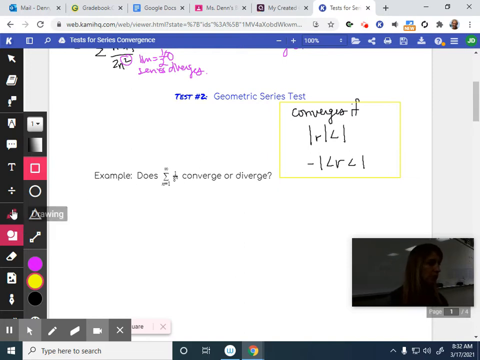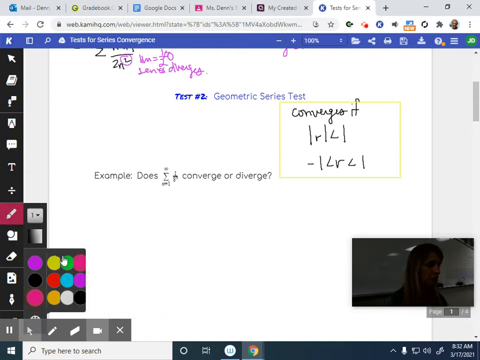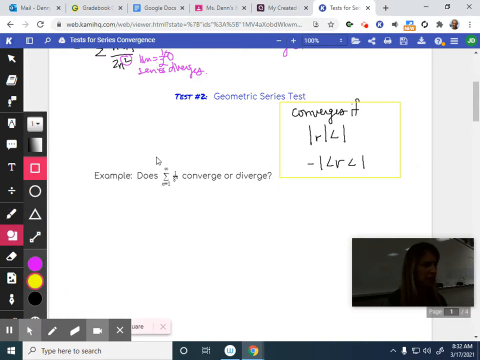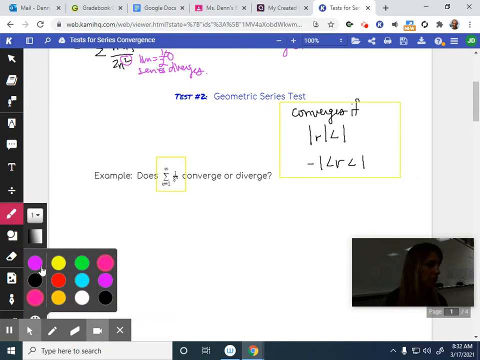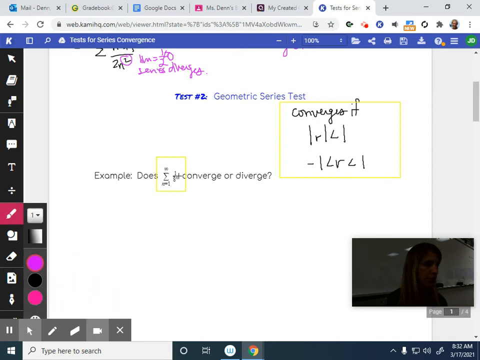So if we want to do this example, does this series converge or diverge? Well, one way to know if a series is geometric or not is it typically has this form of something to the n. It won't have a factorial. It's going to be something to the power of n. If you're ever unsure, you can just grab some terms and see what happens. So let's make sure that this is geometric.